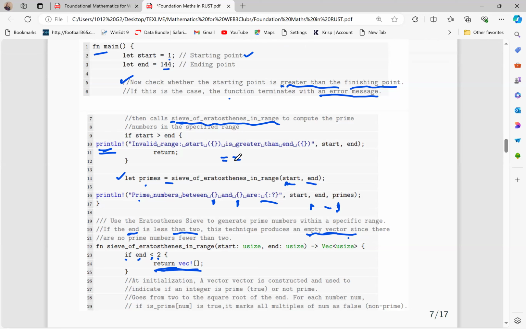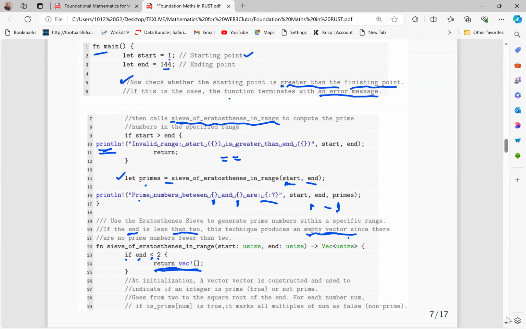So I'm just explaining how the whole algorithm functions. If the end is less than 2, the algorithm is supposed to sense that 2 is the least prime number, and then it will give you an empty vector.